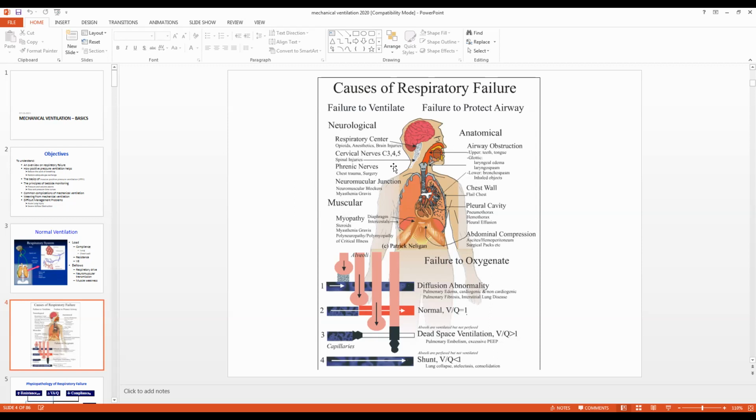All of these neurological abnormalities can occur with and without other problems, which include the skeleton of the chest. If you have somebody with a flail chest, for example, they may end up in trouble. If you have some pleural disease with a lot of pleural effusion, it may impact your ability to ventilate.